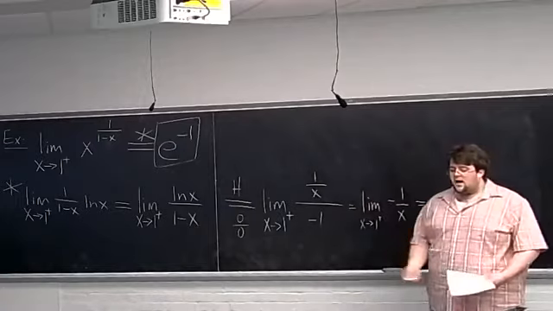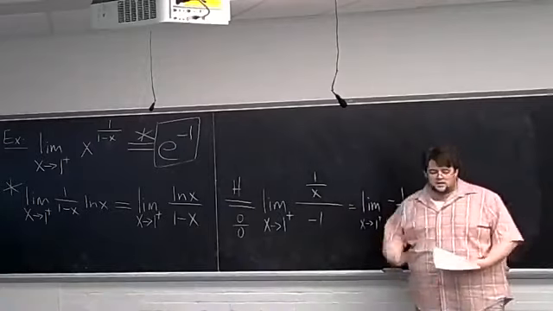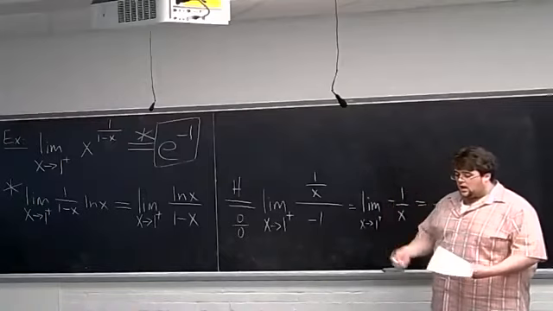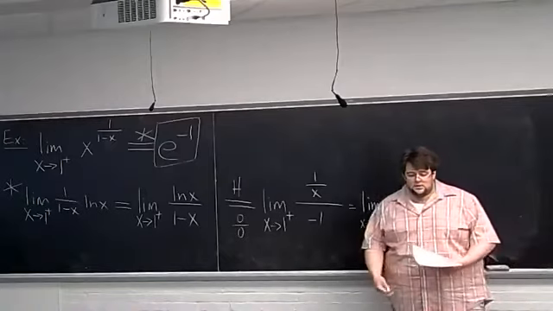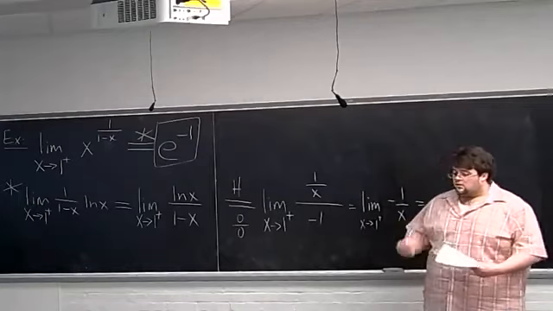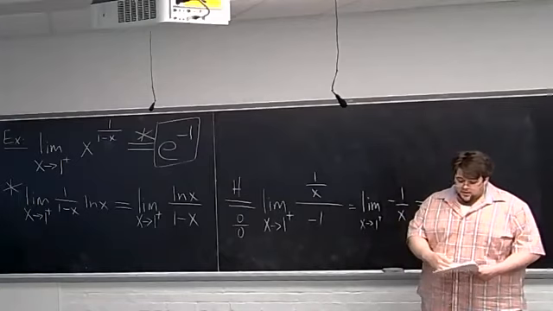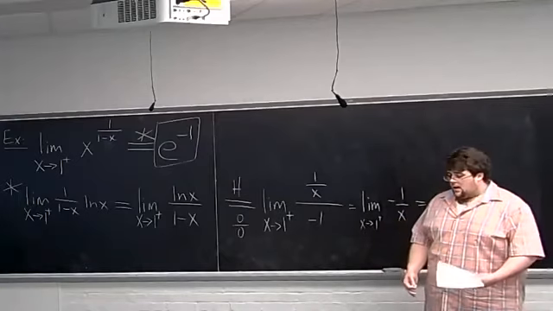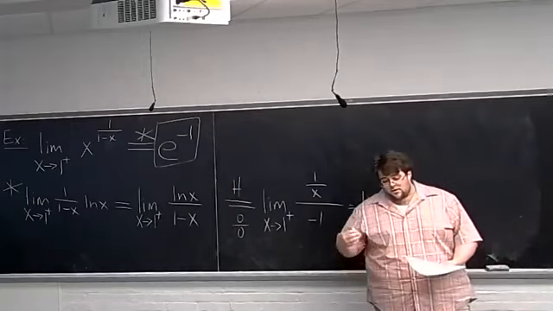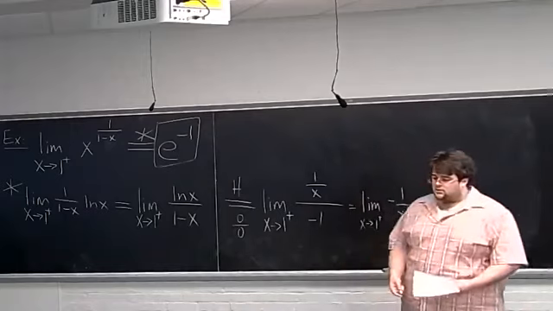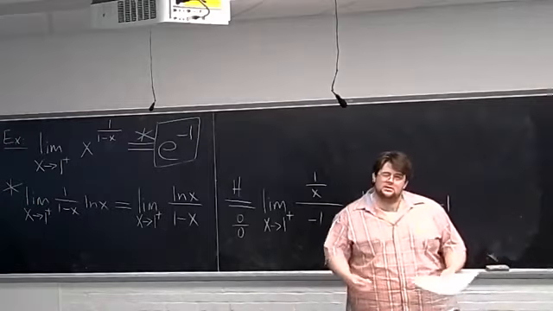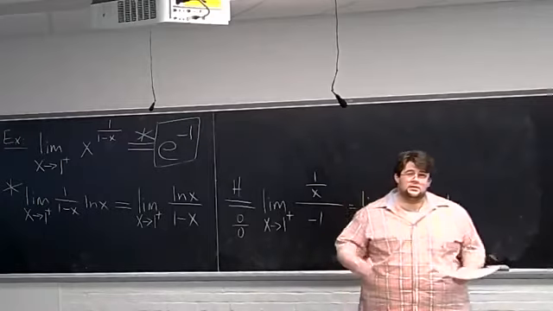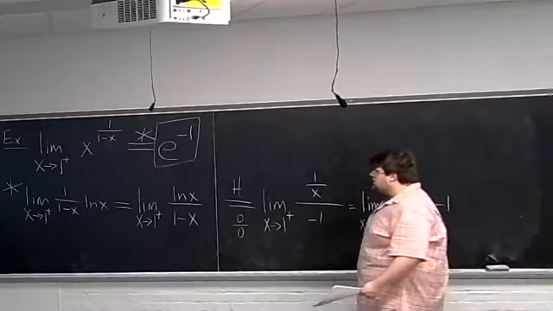Those first 5 L'Hopital's rule limits could show up on exam 2, but all limits after that will not show up on exam 2. And again, remember, not showing up on exam 2 means almost definitely that it will show up on the final. So I'll just write that as a remark.